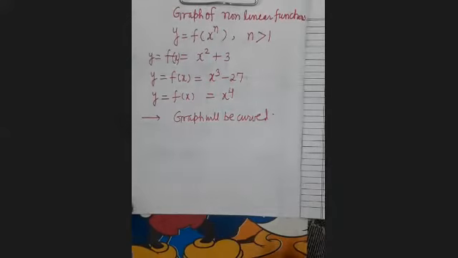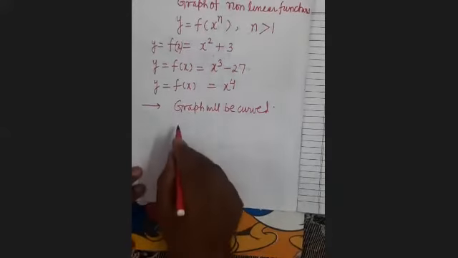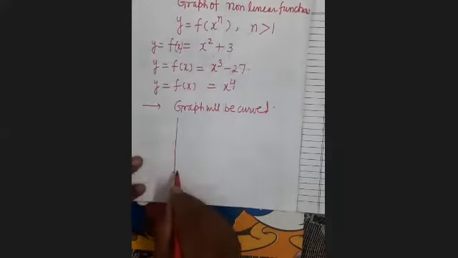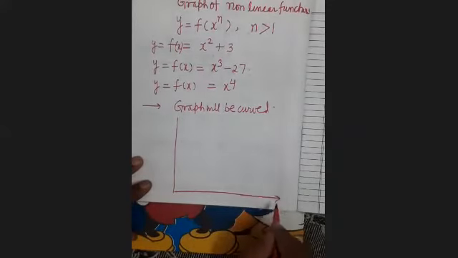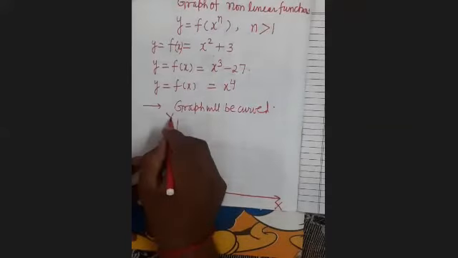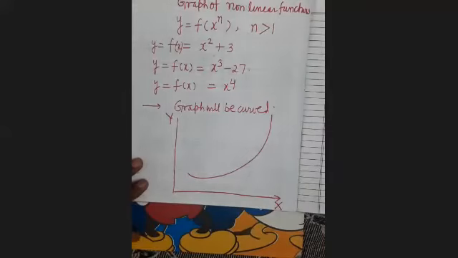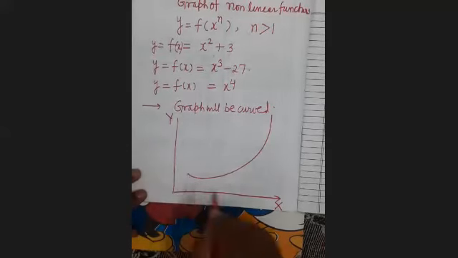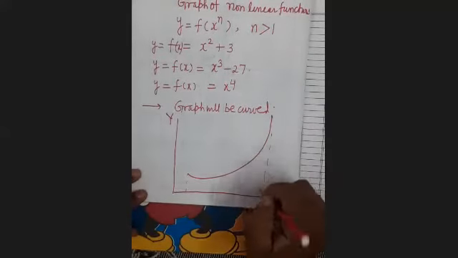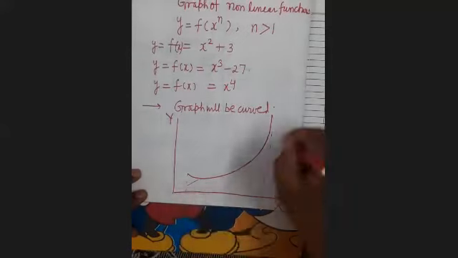It's clear? Now, when the graph is curved, what does it mean? You can see here, this is x, this is y, and the graph is curved. Suppose this is a hill, a sloping area.